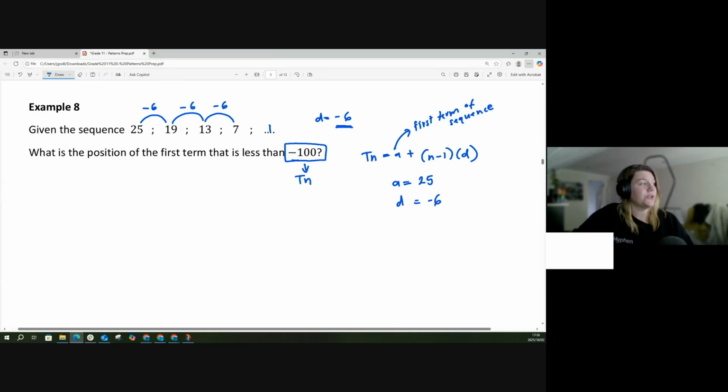So your first goal is to work out your Tn situation. And then you're going to make Tn equal to -100, and you're going to get some numbers. I want to know, what is the position of the first term that is less than -100? Give this one a go, I will give you some time to ponder it over.